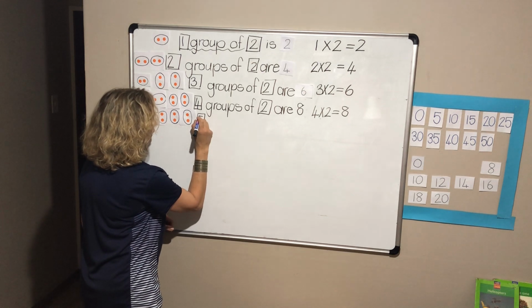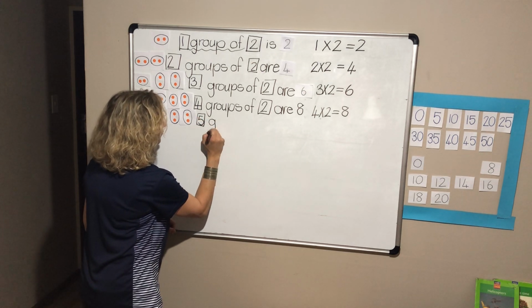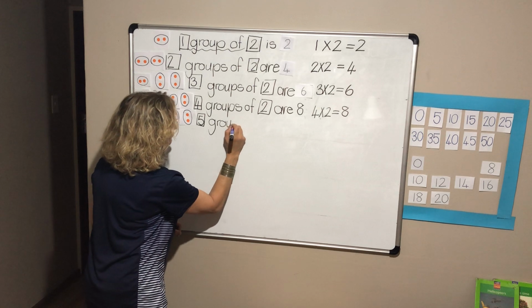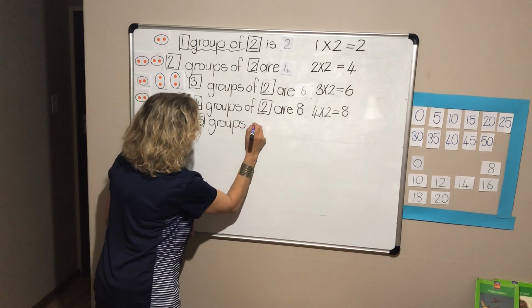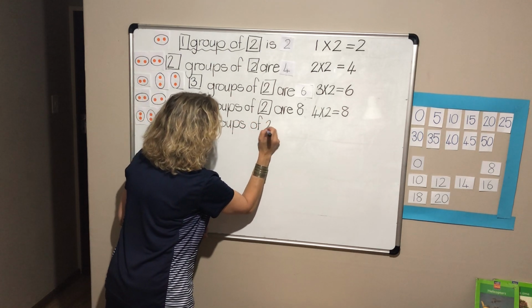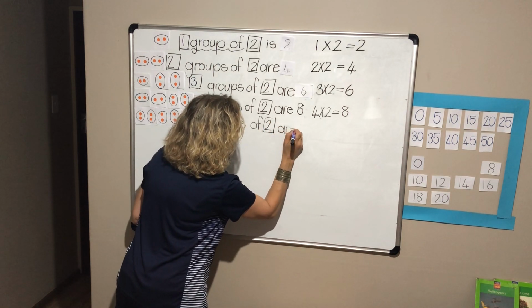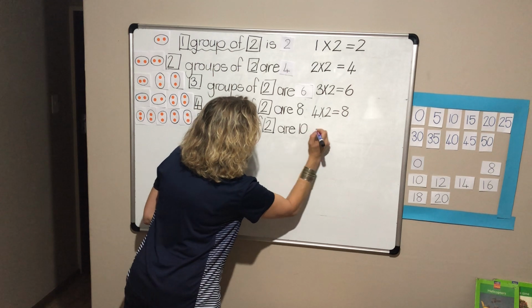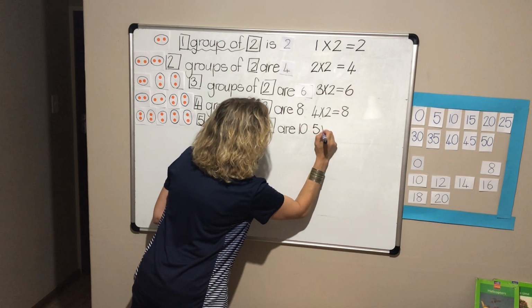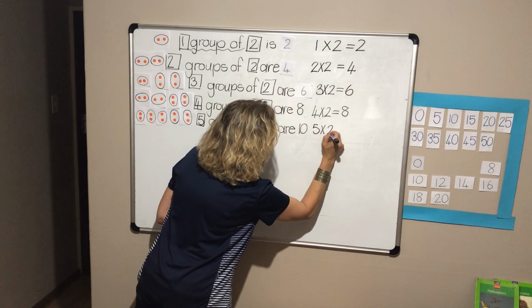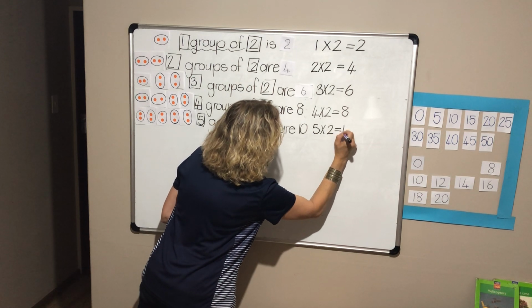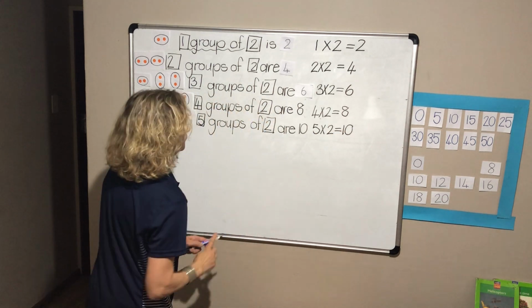So 5 groups of 2 are 10. 5 times 2 equals 10.